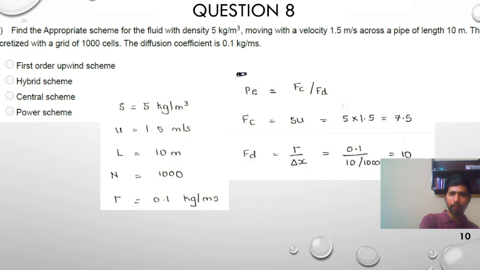Now Fd will be tau by delta x. I think you have already seen this: while deriving we had tau into d phi by dx. Basically we took tau by delta x as one thing, and then delta phi as the other thing, that is in terms of phi. Whatever is left out apart from phi, we call it Fd.